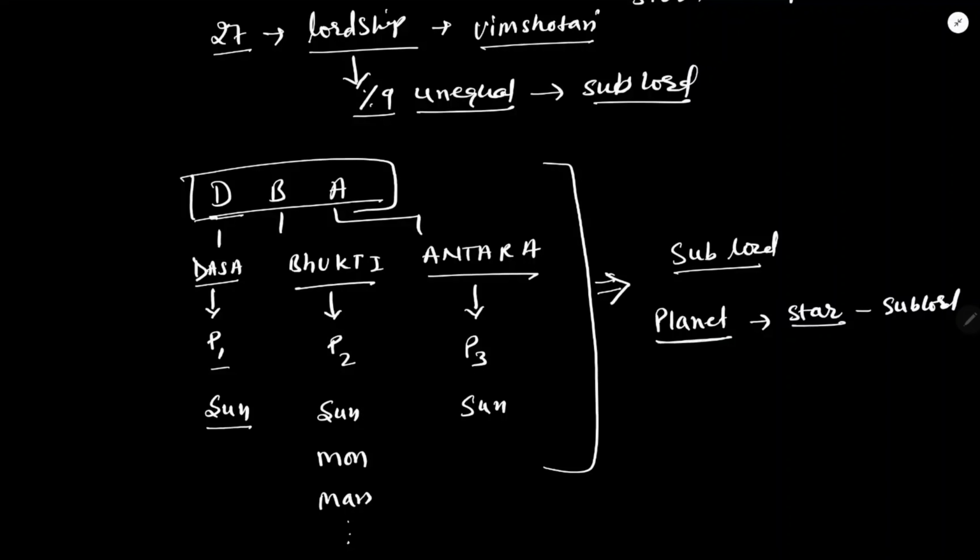The planet itself maps to the Dasha, the star maps to the Bhukti, and the sublord maps to the Antara.